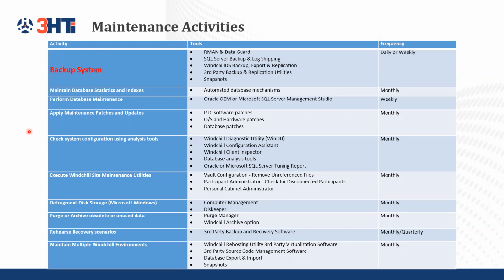Yeah, for sure. But for some of these other items, like applying the maintenance patches or maintaining the database statistics, what does Windchill start to do in those instances? What might be some signs that people could see to say, oh, this might be something I need to update or take care of?